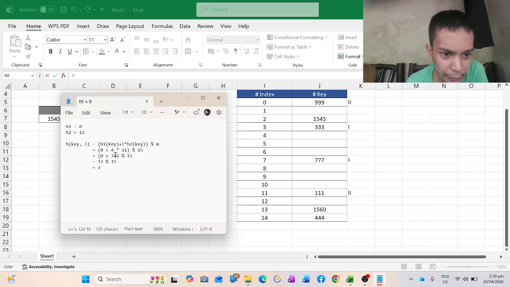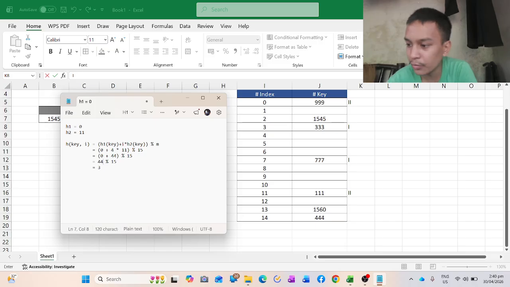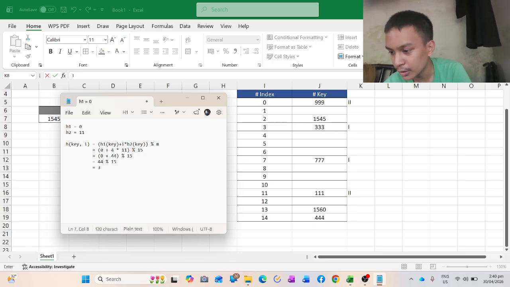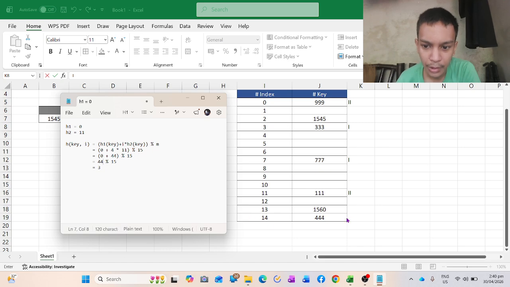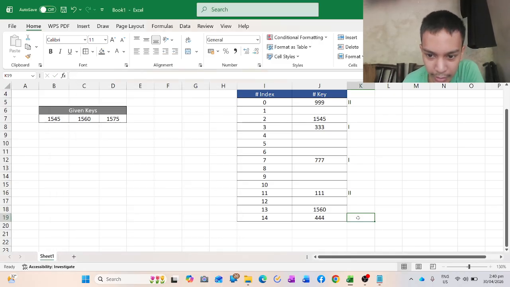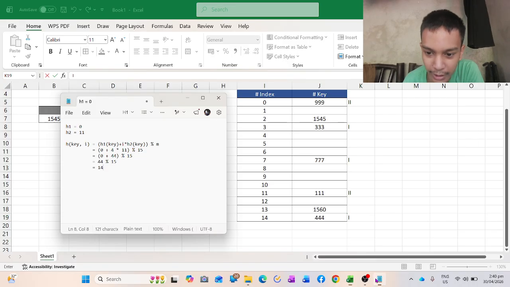So 4 times 11 is 44, and 0 plus 44 is 44. 44 modulo 15 is 14, which already has a key, so it's going to be another collision. We're going to keep trying.